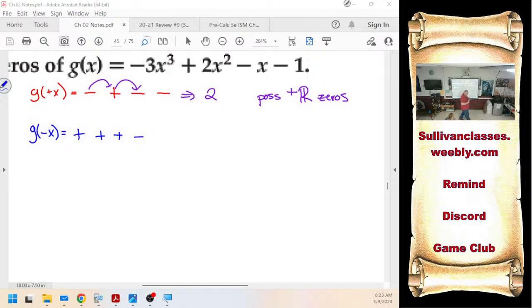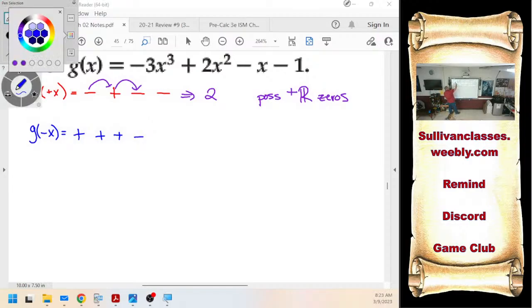If I got an odd number of negatives, it's always negative. So think of negative as opposite. Odd terms, or odd exponent terms, are going to switch your signs. So it's a shortcut you can use instead of actually plugging in a negative x, or you can just plug in negative x, call it good.